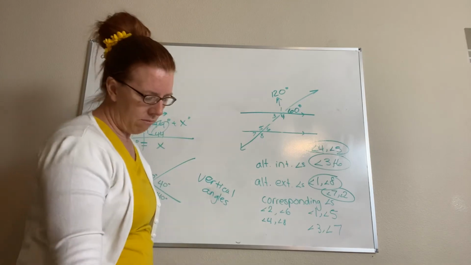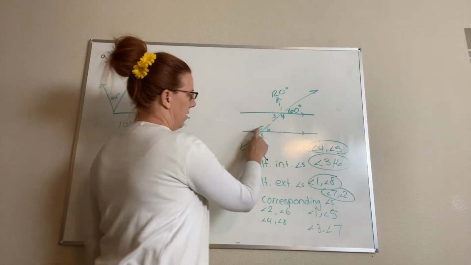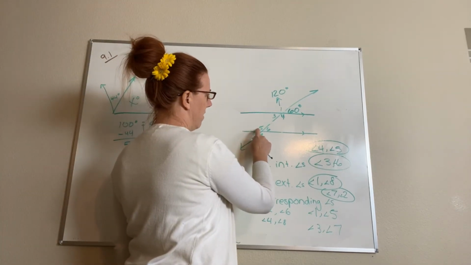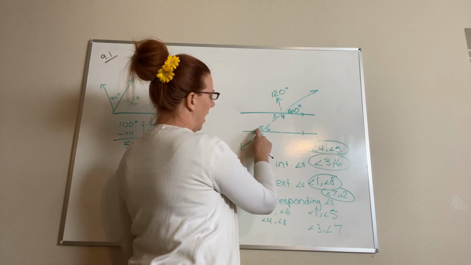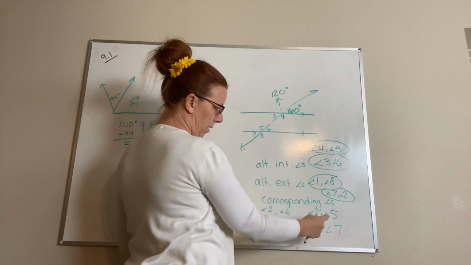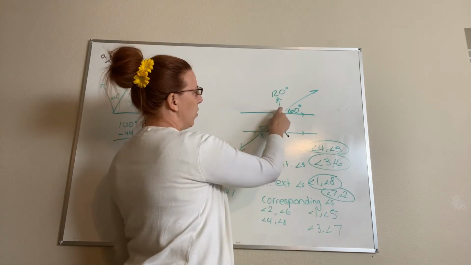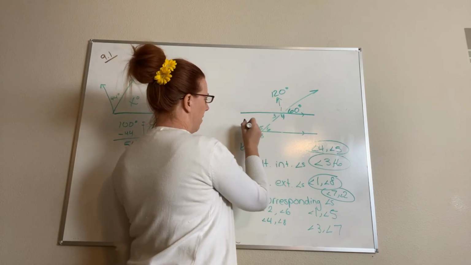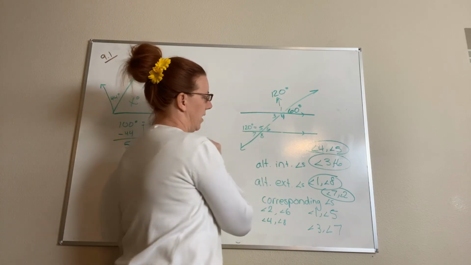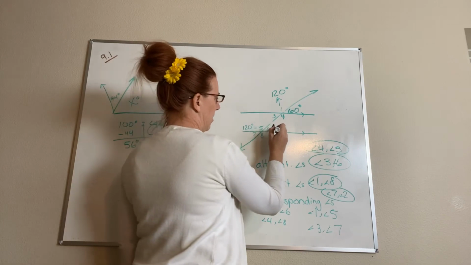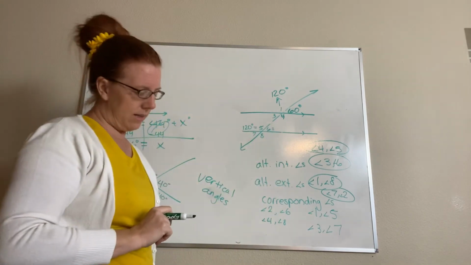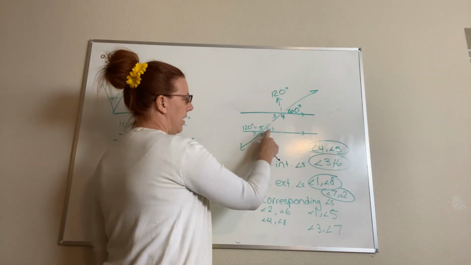Okay? What if I asked you to find this angle 5? Angle 5 and angle 1 are corresponding, which means they're equal. So if 1 is 120, then 5 is also 120 degrees. And the last one I'm going to ask you for is angle 6. How can we find angle 6?